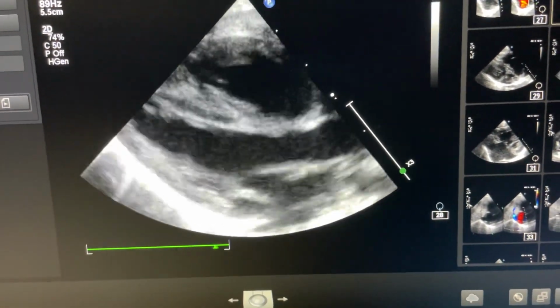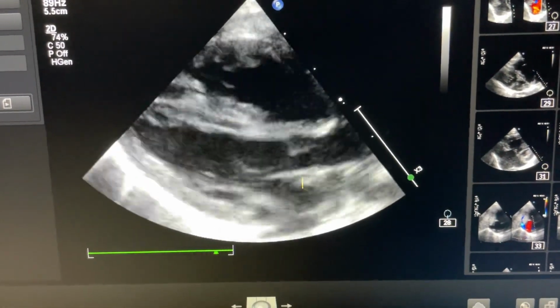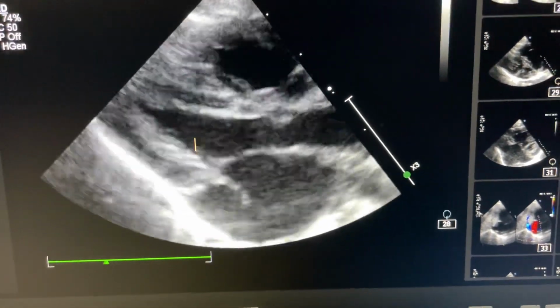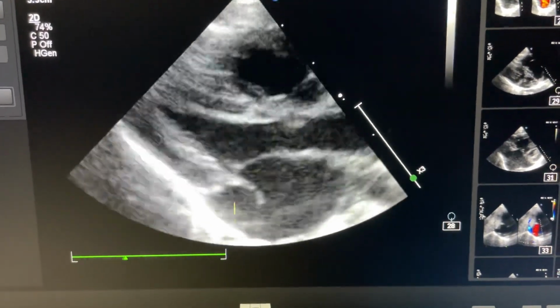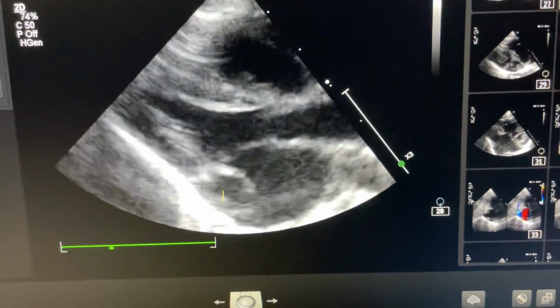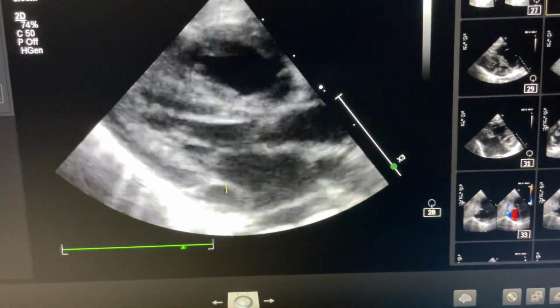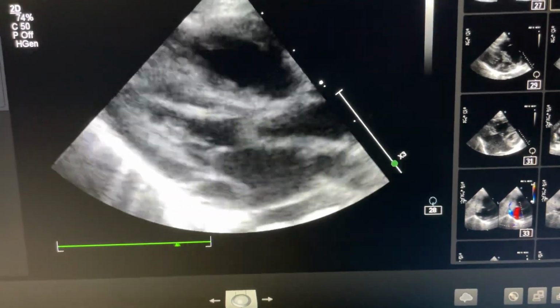This is the better view. This is parasternal long axis view. See, there is this left atrium. This is left ventricle. This is atrioventricular groove, and this portion is dilated. You see, this is coronary sinus. In this case, coronary sinus is dilated due to left-sided superior vena cava draining into coronary sinus.